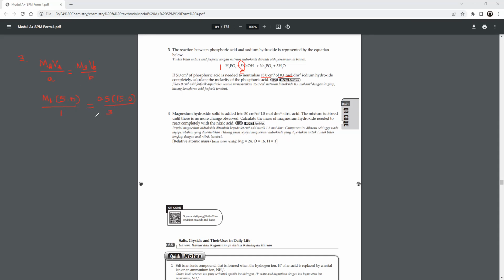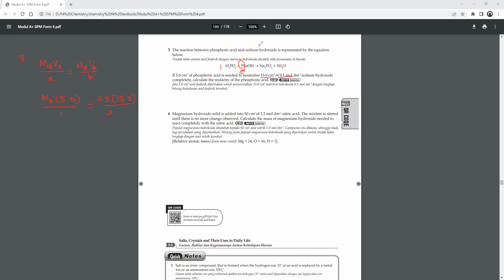So 0.5 times 15 divided by 3 divided by 5. So get 0.5. Is it? What's wrong? My answer is 0.5, not 0.1.